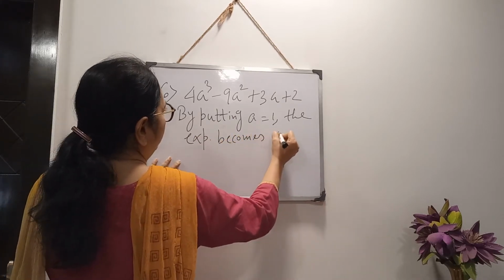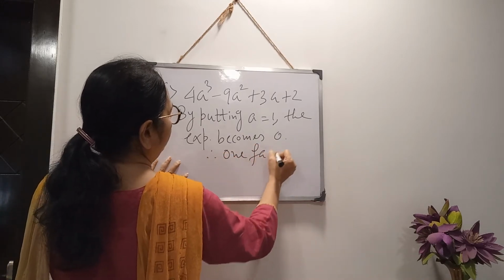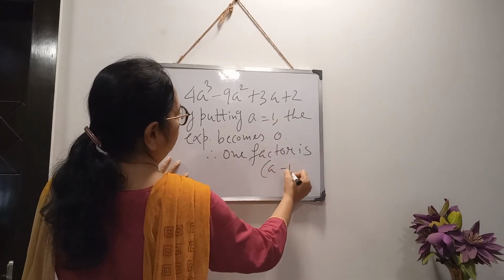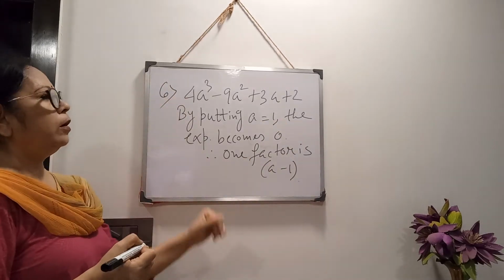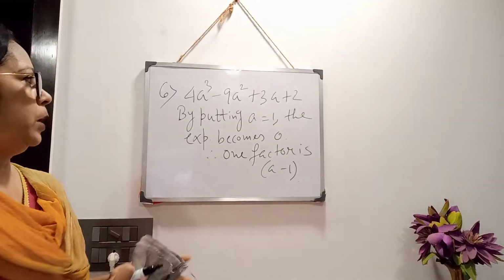Therefore, one factor is a minus 1. This is the rule of vanishing method or zero factor method.